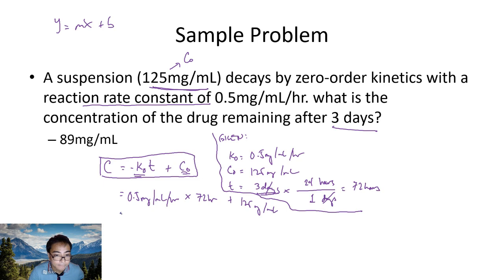Okay, so 0.5 times 72, you get, cancel this, 36 milligrams per ml plus 125 milligrams per ml.